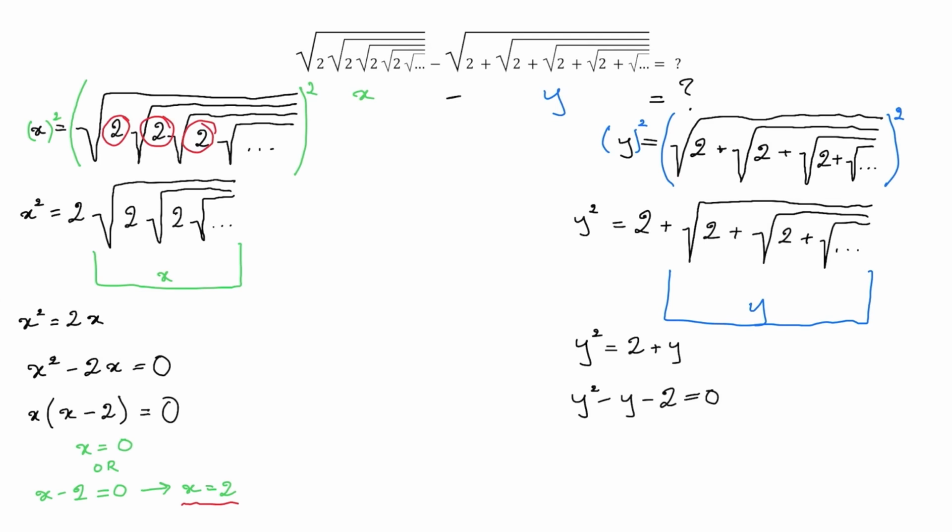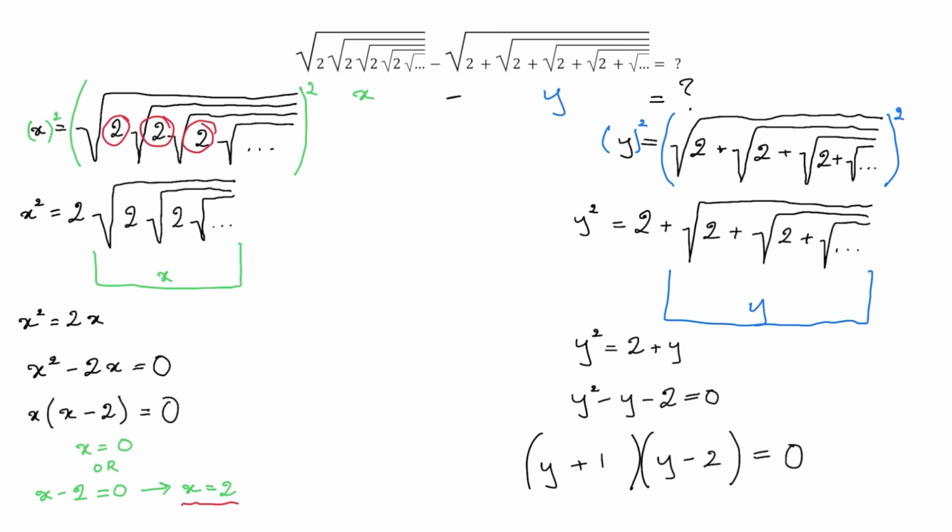If you don't, please leave a comment below, and I'll make another video explaining it. Back to our equation. We could factor this into two binomial expressions. And when we factor it, we get y plus 1 times y minus 2 equals 0.